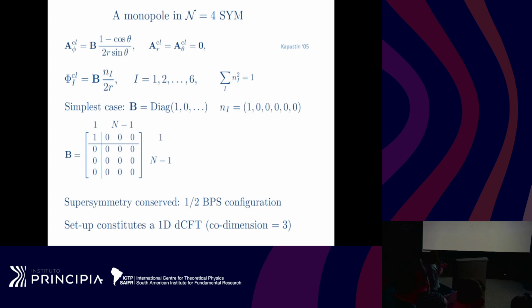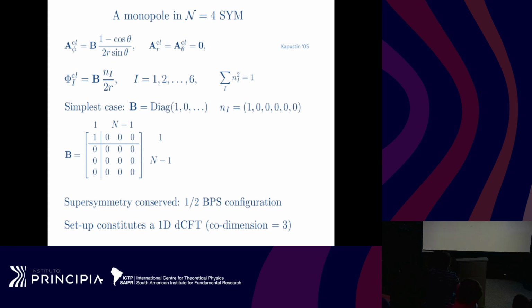On top of introducing this classical value for the A field, if I introduce also a classical expectation value for one of the scalars in some direction in the SO(6) space, then I can obtain a configuration which is supersymmetric. I can take this B field to be any element of the Cartan algebra of U(N), but I take it just to be a diagonal matrix with a 1 in the upper left-hand corner. That's the simplest configuration I can consider.